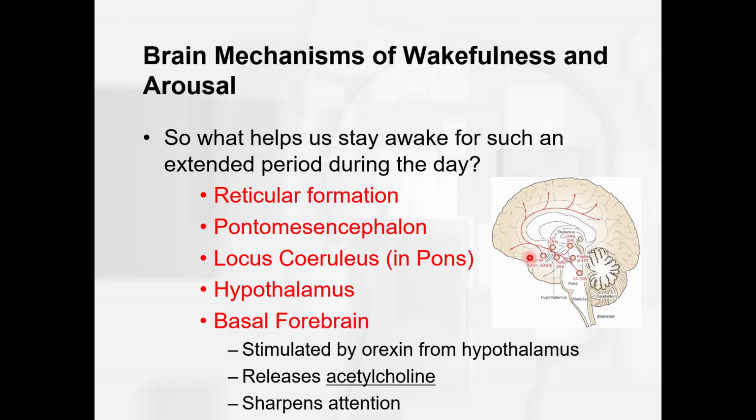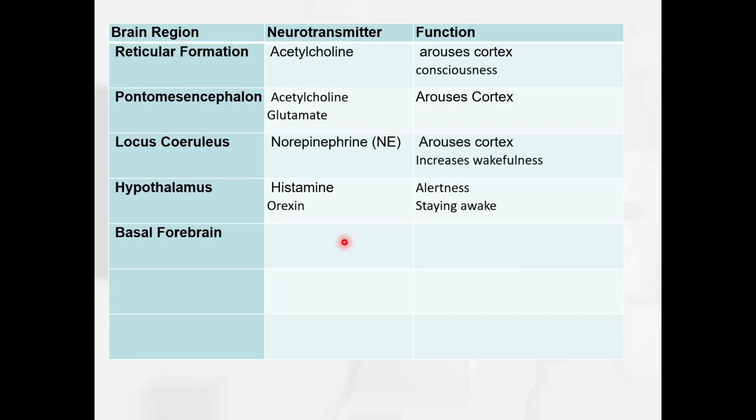So this is again excitatory, so it's increasing our arousal. So let's fill in that table one more time. We saw here that it's the basal forebrain, and do we remember what neurotransmitter we said was involved? Acetylcholine to sharpen attention. And again, it's these orexin-producing cells from the hypothalamus that project to the basal forebrain and then stimulate the basal forebrain to release acetylcholine.